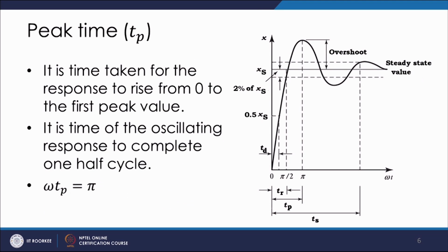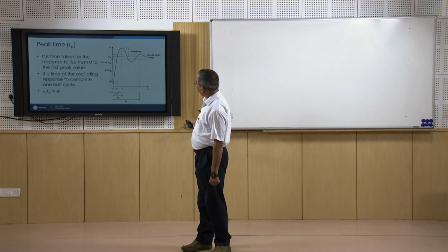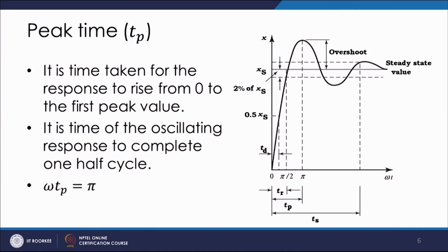Next is the peak time. If you look at this plot, you can see that this is the maximum value of the response x which the system could reach. The peak time corresponds to the time by which the system attains the peak value.